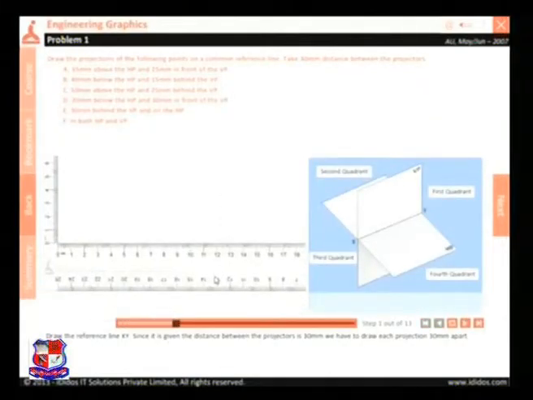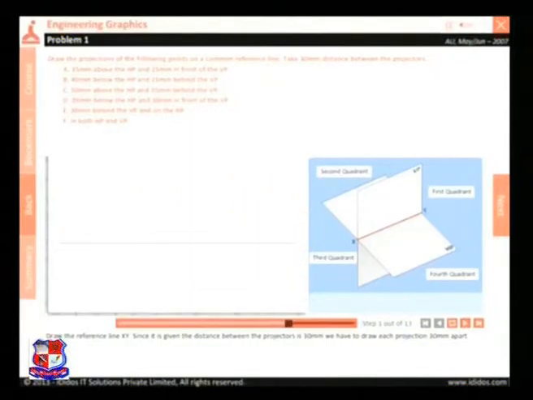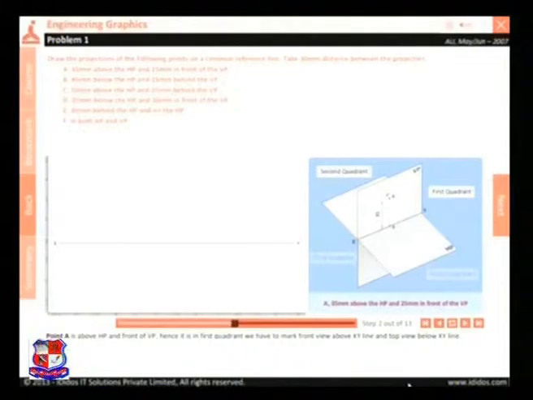Draw the reference line XY. Since the distance between the projectors is given as 30 mm, we have to draw each projection 30 mm apart. Point A is above HP and in front of VP. Hence, it is in the first quadrant. We have to mark the front view above the XY line and the top view below the XY line.